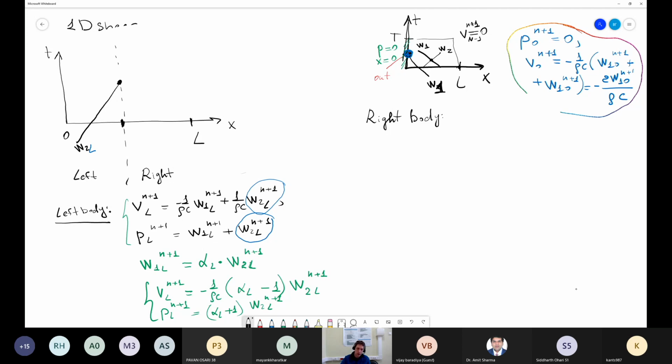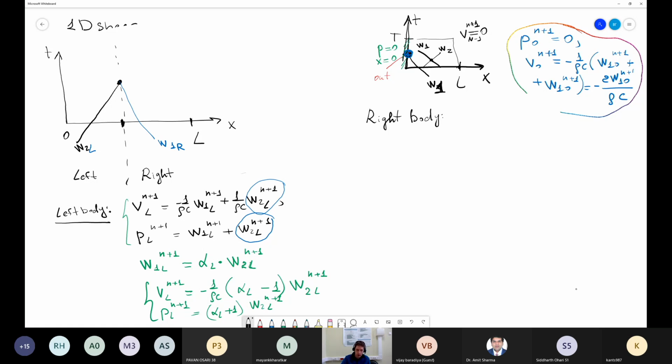The general view is the same. Maybe the angle will be different, but we will be able to calculate now W1 right. For the right part of the domain, this is the left boundary of the domain.